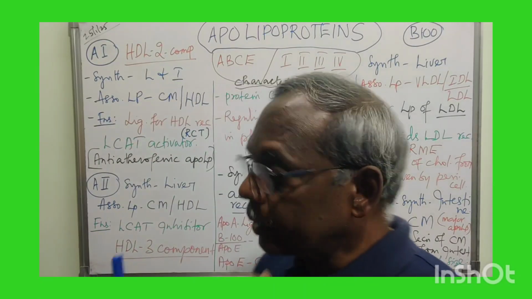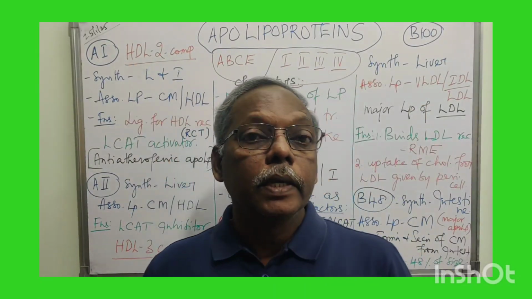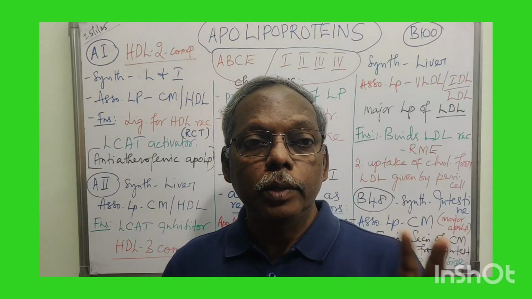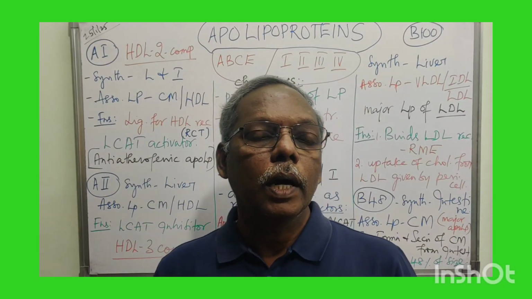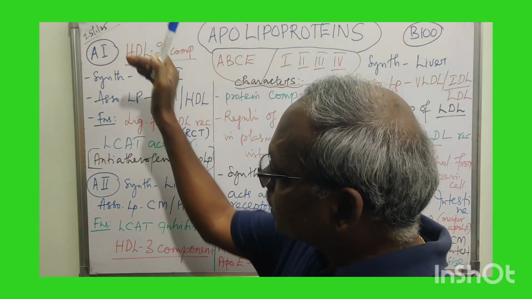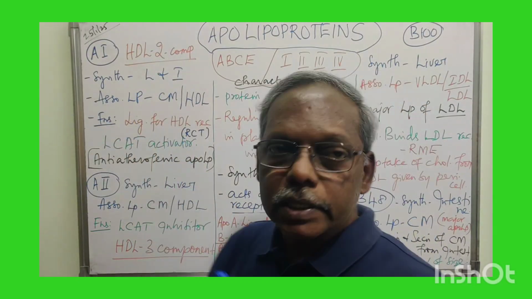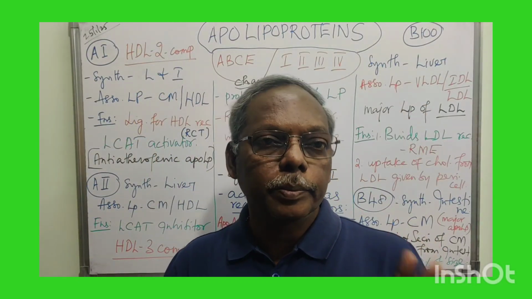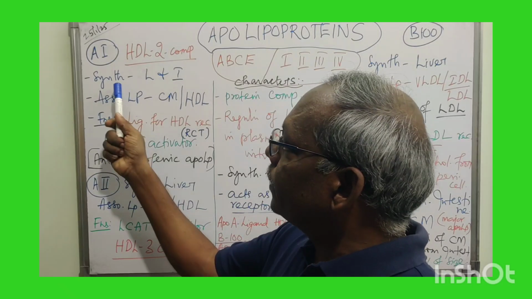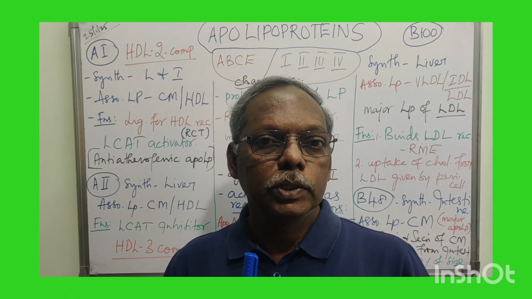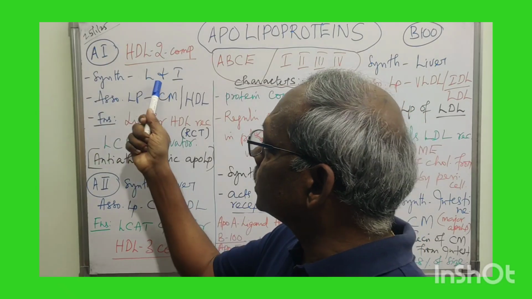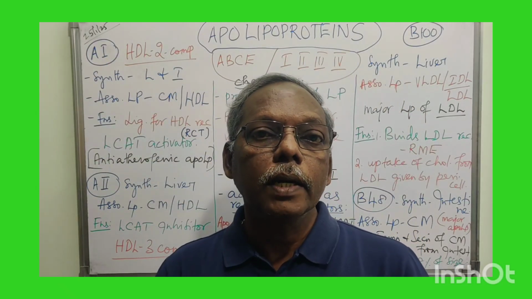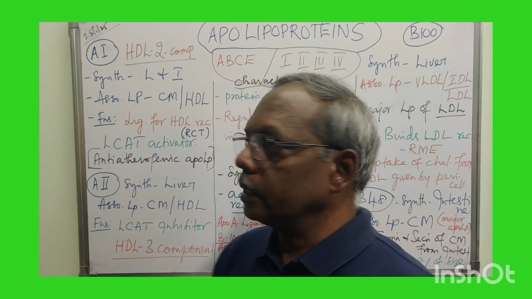Now we are coming to the types. In A we have two types, A1 and A2, right? ApoA1, ApoA2. For this, you have to mention minimum 3 points. One is where it is synthesized, usually liver or intestine. ApoA1 is synthesized from both liver and intestine.